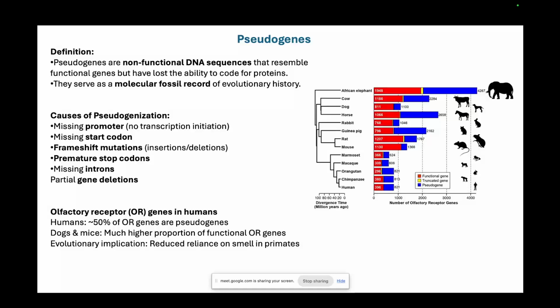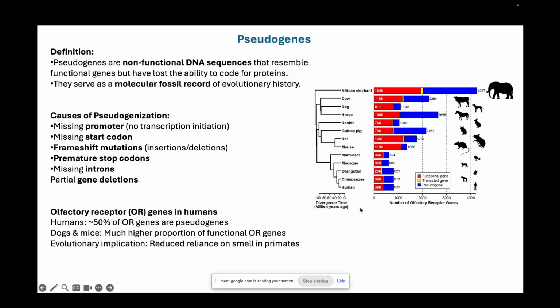Right? So a lot of these olfactory genes you'll find in humans are actually pseudogenes. These are not functional genes at all. And if you see the evolutionary history of other species along with humans, humans are closest to chimpanzees, and if you move further and further away from the lineage, the number of pseudogenes actually increases.